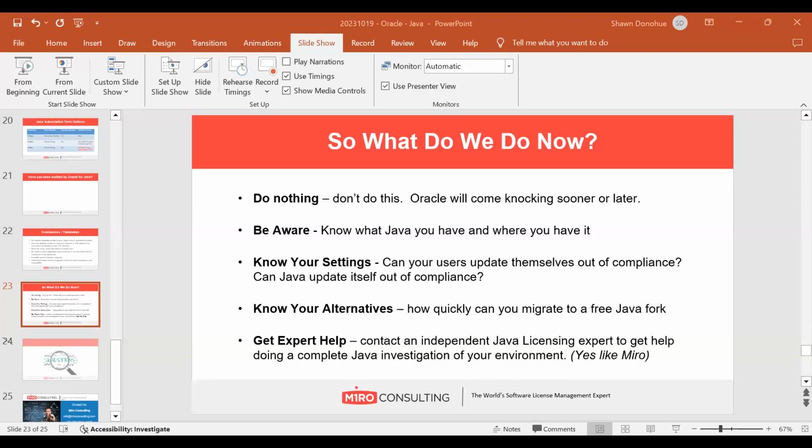If anybody has any concerns, we have a great book out there, a Java migration for dummies book that you can go and take a look at. Sean and the team at Miro have access to that as well. They can send you a copy, or you can get a physical hard copy. It gives you all of the warm and fluffy stuff that will help you feel more comfortable that there is a least risk and least cost approach to doing the migration.